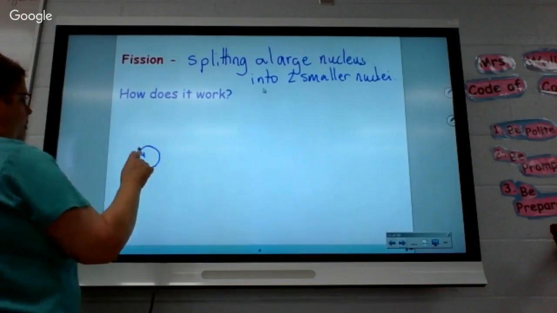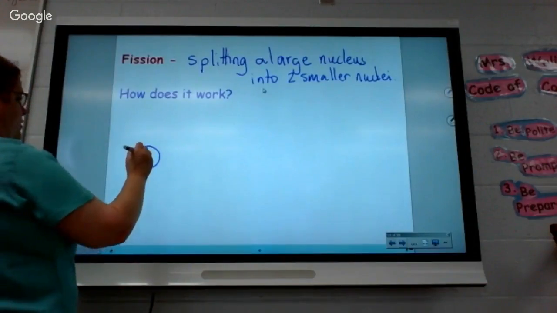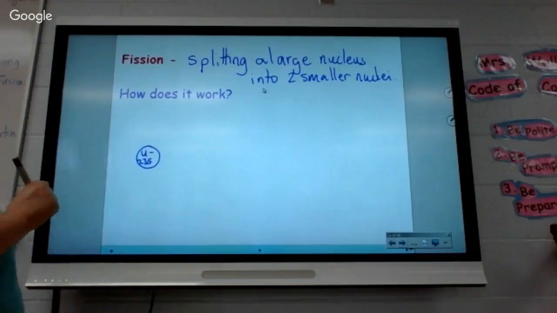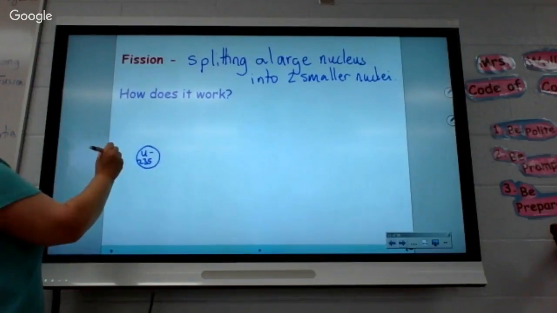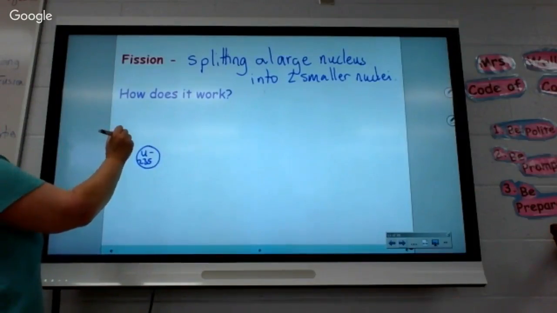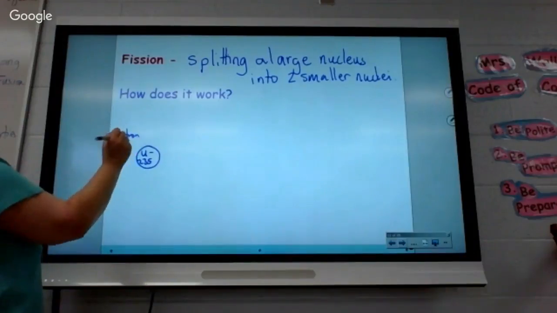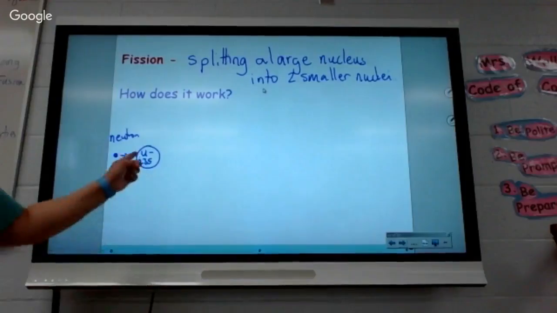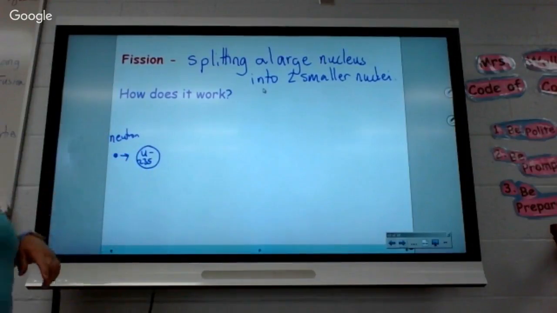In the circle, and I know this is going to be small for you to see, it's uranium-235. We strike the uranium with a neutron. This little circle is supposed to represent a neutron. So that neutron hits a uranium-235.